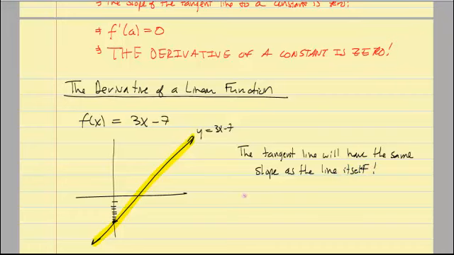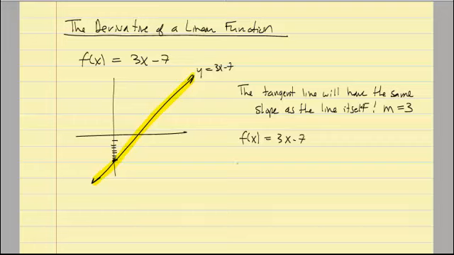So, what does that mean? Well, that means that the slope in this case for the tangent line would be 3. So if I have f of x equals 3x minus 7, f prime at a is going to equal 3. Anywhere along this graph, the slope of the tangent line will be equal to 3.